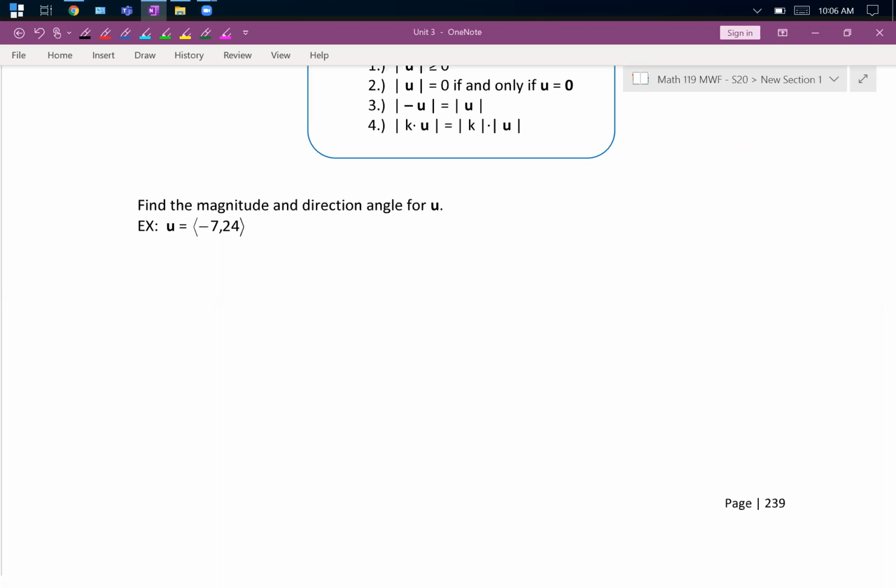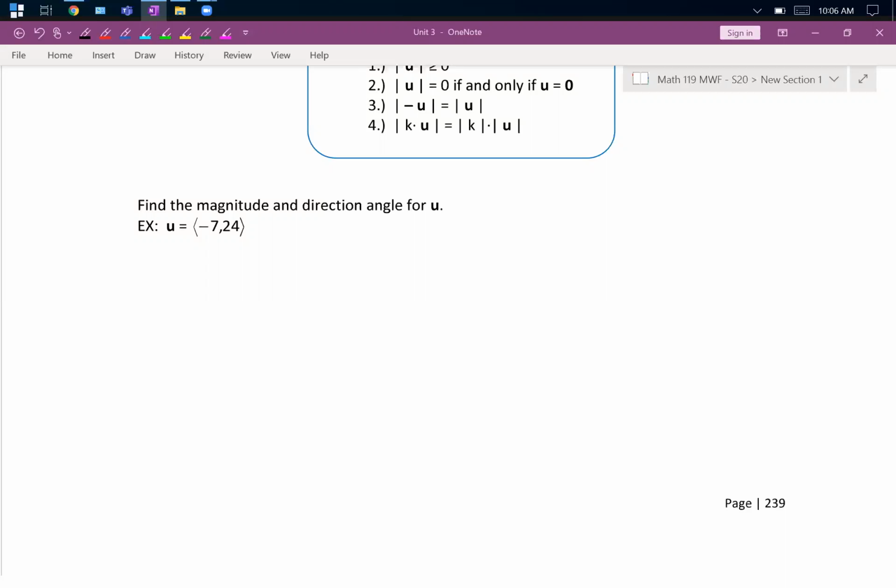You have your additive identity, your additive inverse. A vector can be represented by a point, or it can be represented in our ai plus bj form, where we're using unit vectors, having both a horizontal and vertical component to it.